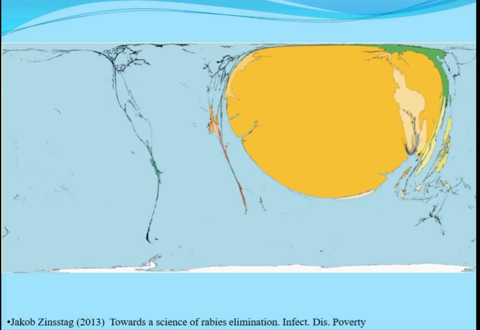This is actually a map, and it's not only a symbol map, but it is also a graphical representation of something. Now, what the author has tried to do here is that he has kept the geographical area of all the land masses in the world as a constant, and the geographical area is plotted proportionally to the incidence of rabies. Now, let us try to understand the graph.